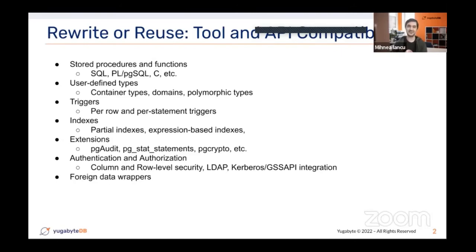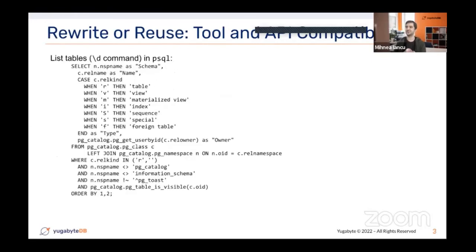But one of the initial motivators was something very simple, and I want to show that example. It's something you do the first time you use Postgres, or when you use Yugabyte: you might want to list the tables or list the relations in your current database. If you do that in PSQL, it just works. But if you look underneath at what's happening, PSQL generates a query that looks like this. In fact, it's literally this.